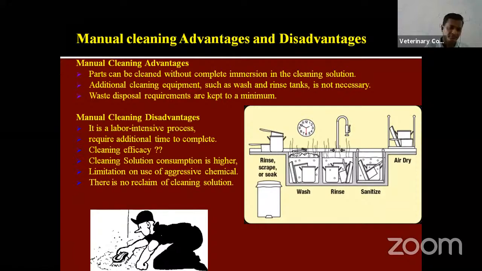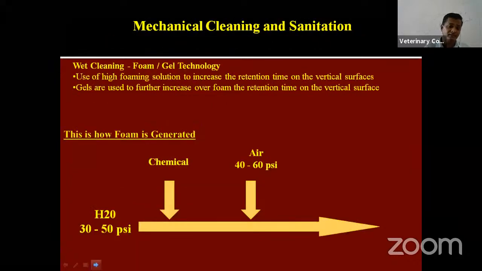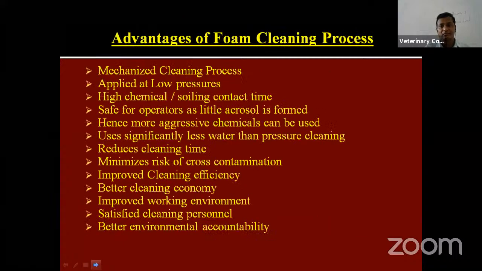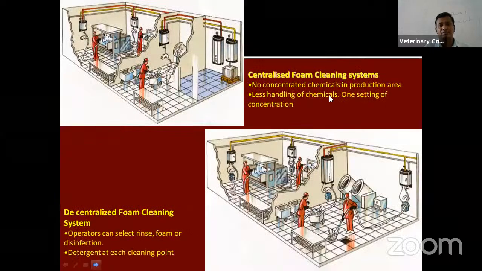The advantage of manual cleaning is that it's easy. The disadvantage is that there is human error. Mechanical cleaning and sanitization are good, and when used with pressure, that is still better. Foam cleaning is one more process, wherein there are two ways by which the foam is applied. One way is that at the end of the work, the entire unit gets the foam through centralized cleaning systems.